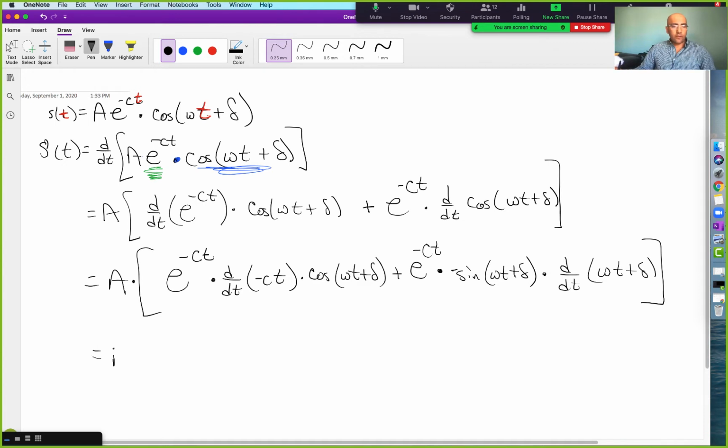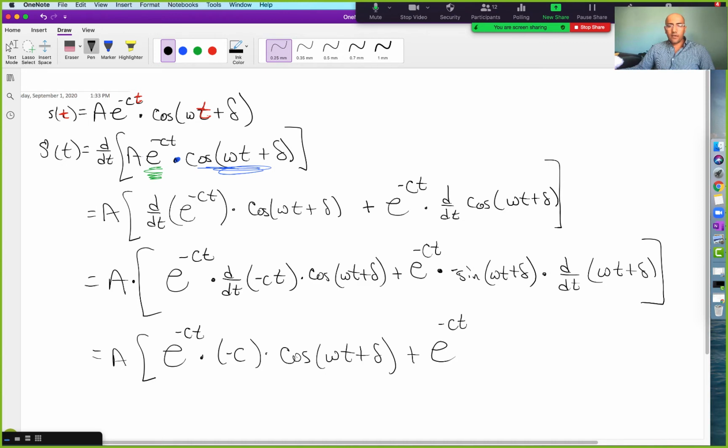Okay, so then we'll have A times the derivative be equal to negative c times cosine wt plus gamma plus e to the negative ct. And then, well, I should have put that minus.